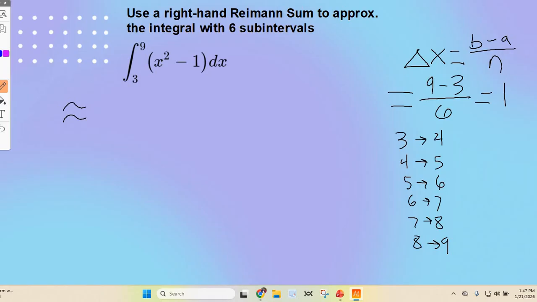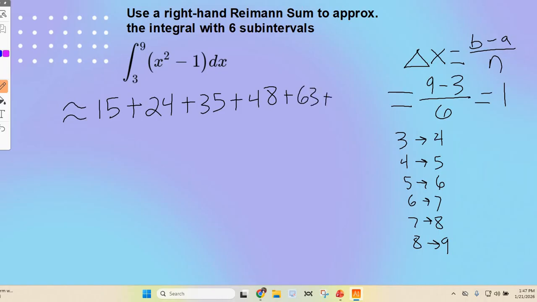So we plug in 4. 4 squared gives us 16, minus 1 is 15. Okay. And then again, remember we're adding. 5 squared minus 1 is 24. 6 squared is 36, minus 1 gives us 35. 7 squared is 49, minus 1 gives us 48. 8 squared is 64, minus 1 is 63.